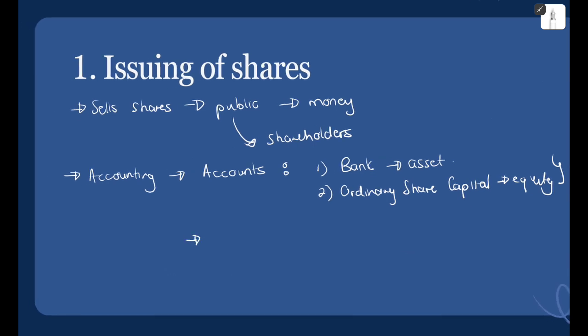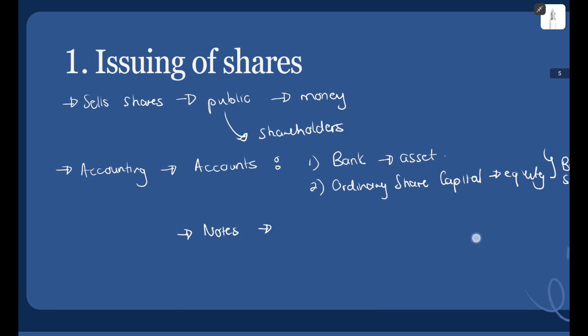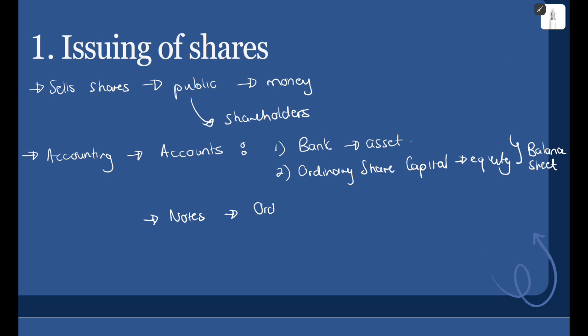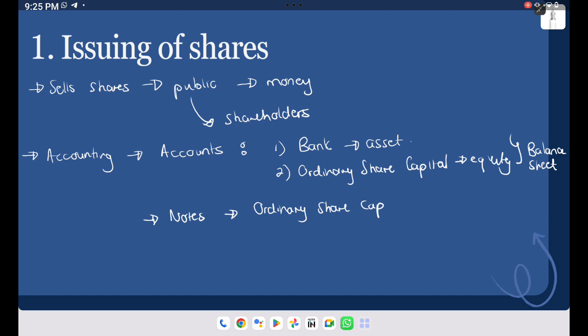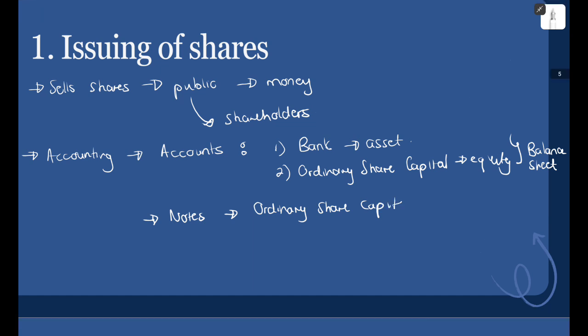And then what notes are affected by the issuing of shares? We have a specific note called the ordinary share capital note. In this note we record everything that has to do with our shares.